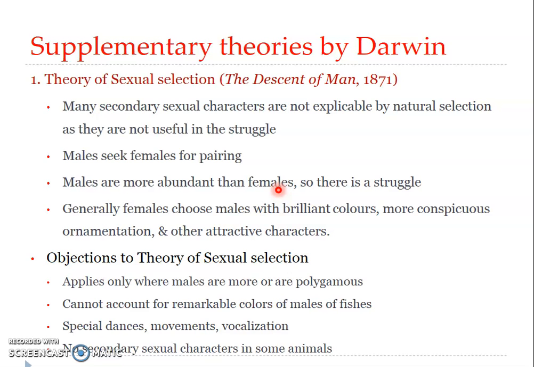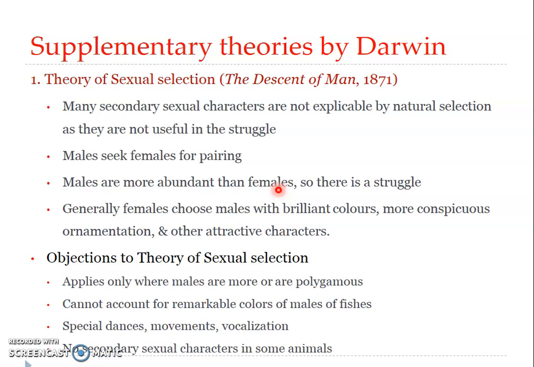Generally, the females choose males which are specially distinguished by more brilliant colors, more conspicuous ornamentations, and other such attractive characters. So these were the assumptions made by Darwin.